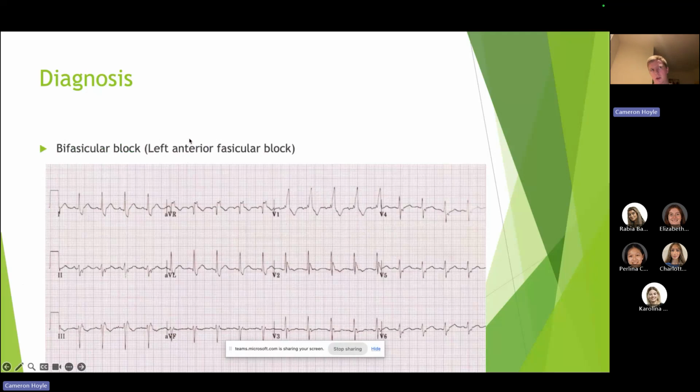So if you think back to your anatomy of the conductive system of the heart, you've got your atrioventricular node, which then goes into the bundle of His and then splits off into your left and right bundle branches. The right bundle branch is one entity, and the left bundle branch is split into two.